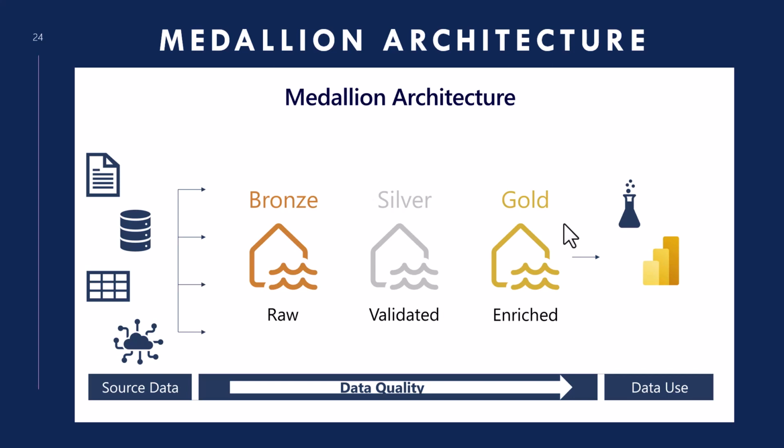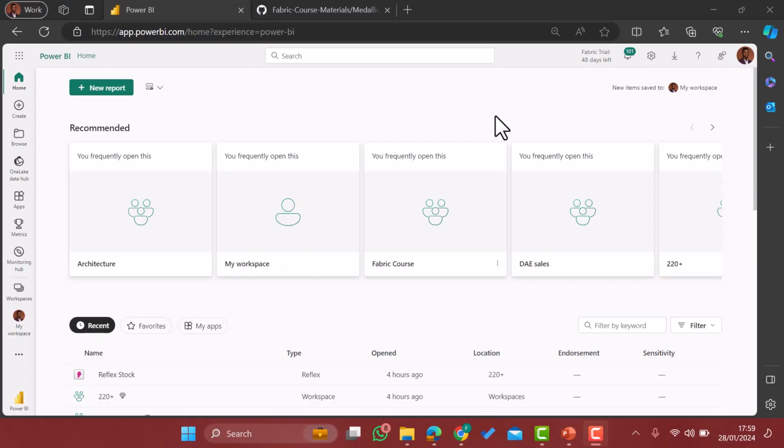So from this gold layer, your data is now available for use either for your Power BI workload or for your machine learning. So whatever the case may be, your data is in the best state for use for any analytical workload.